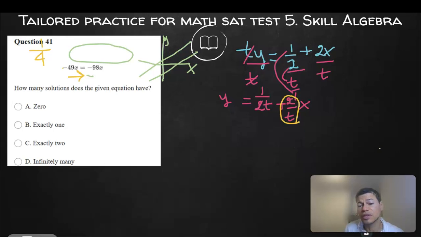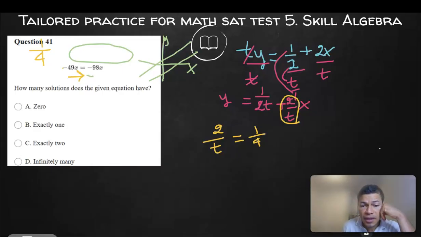So in this case, it's 2 over t. We know that 2 over t has to be equal to 1/4, because that's what we want the slope to be.